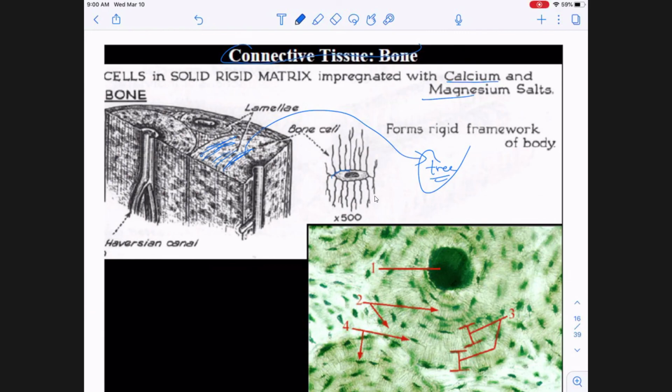They form with the ECM, the collagen and the hydroxyapatite structure, a lamellar structure with a ring kind of structure, right? And inside we will see the traversing canal with blood vessels going inside.